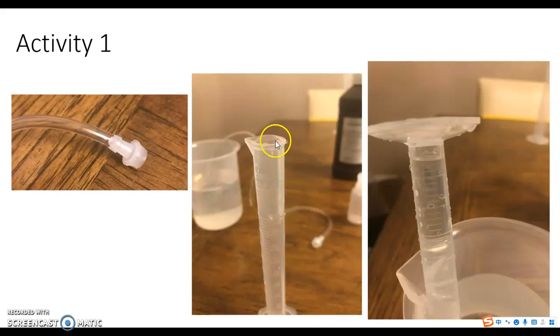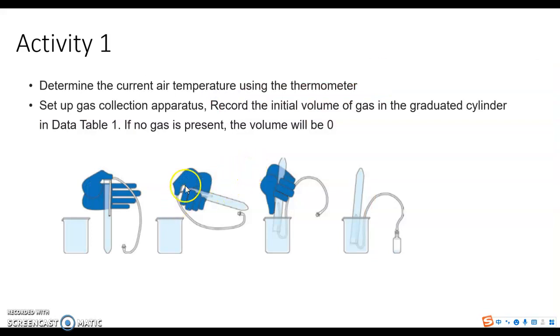And before I flip the graduated cylinder, I like to make it full of water. You see here the water is almost flowing out of the cylinder. It's holding there because of the surface tension. So I like to make it full and then put my thumb on the opening and quickly flip it and insert it into the beaker.